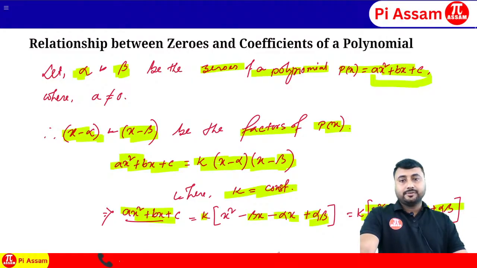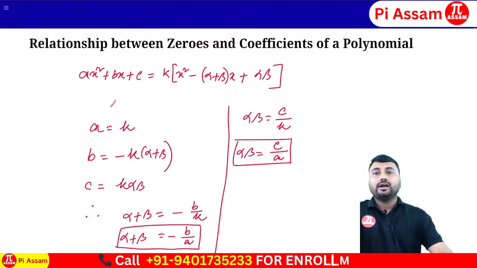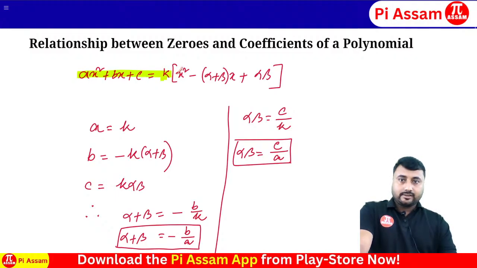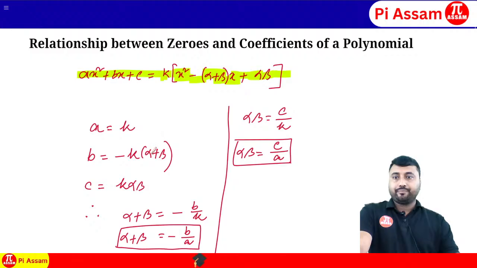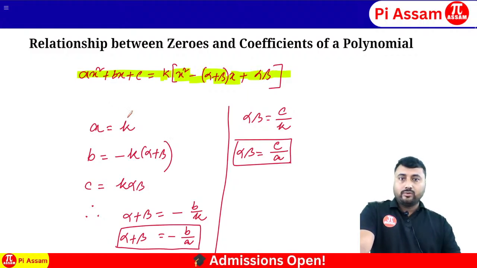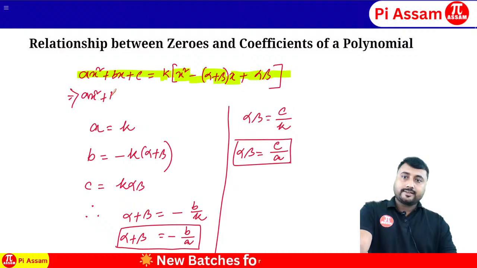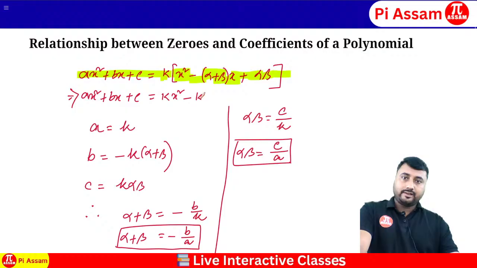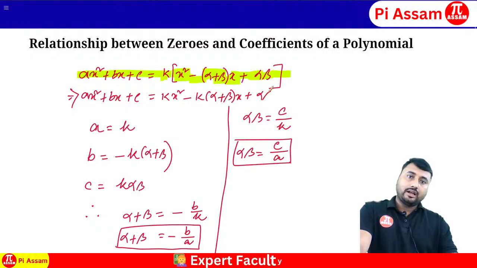So we can write ax squared plus bx plus c equal to kx squared minus k into (alpha plus beta) x plus k alpha into beta.